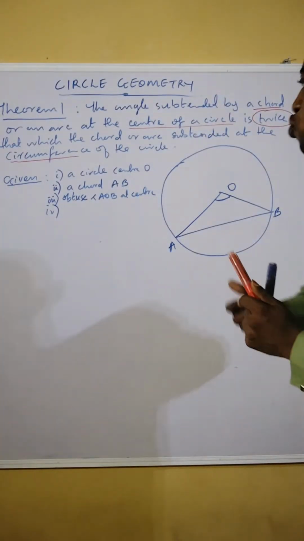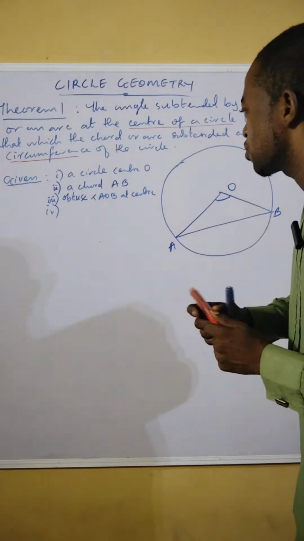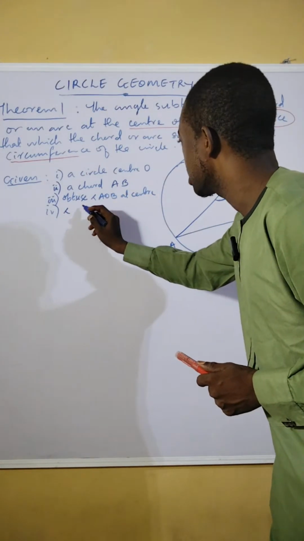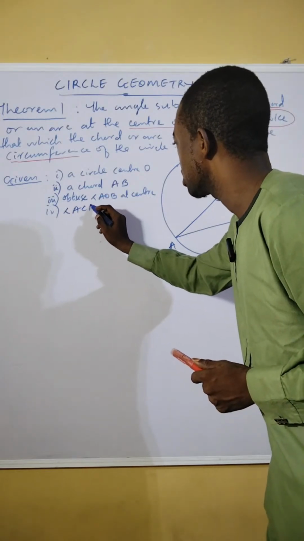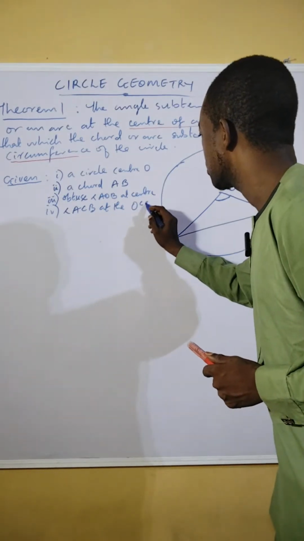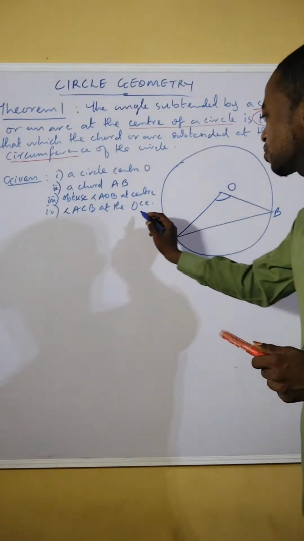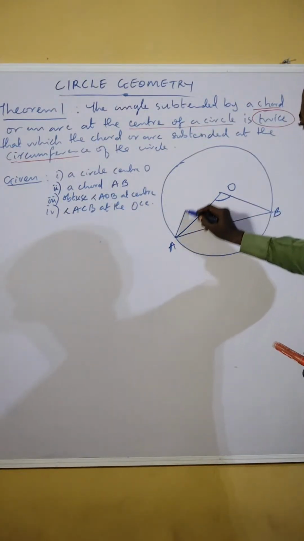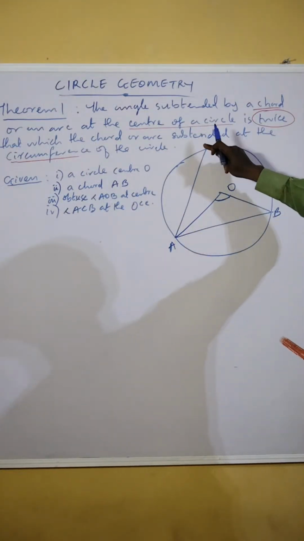So it's twice that which is obtained at the circumference. Now we can also say we have angle, we can use any letter, angle ACB at the circumference. We can shorten circumference like this. So now this chord also subtends this angle at the circumference.